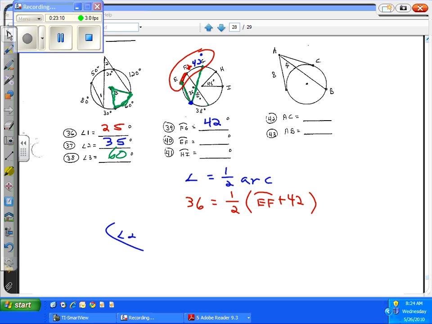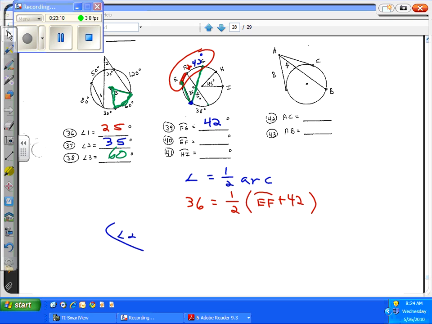We don't know the arc. But the arc is the sum of those two pieces, right? So that angle whose vertex is on the circle is half of the arc that it hits, and the arc that it hits is EF plus 42 added together.